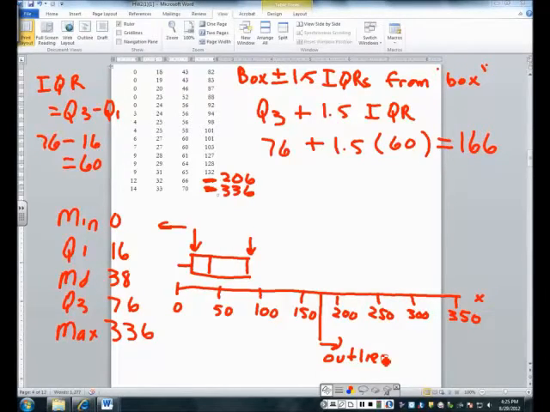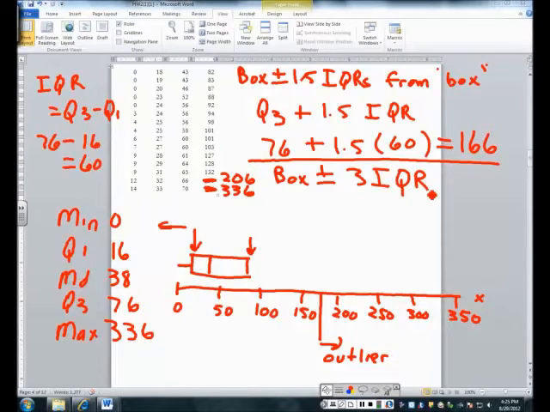So now I'm going to check to see if there are any extreme values. And for extreme values, we're going to do the box plus or minus 3 IQR, 3 interquartile ranges. And so 76, since we're on the upper hand side, plus, since we're going above the box, 3 times 60.